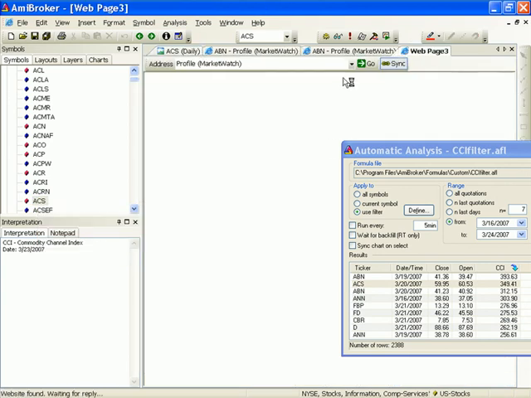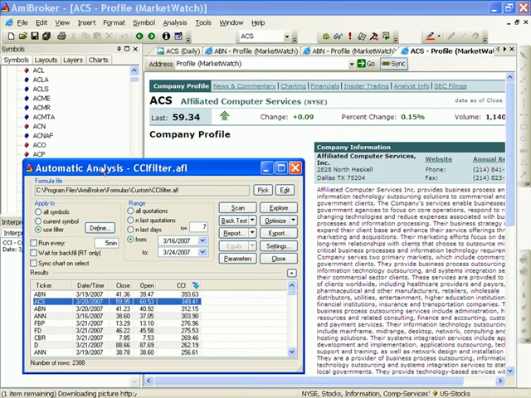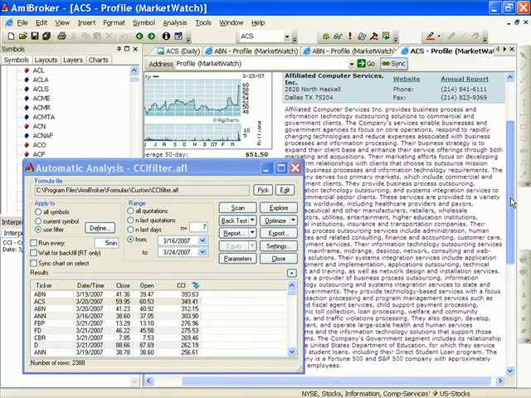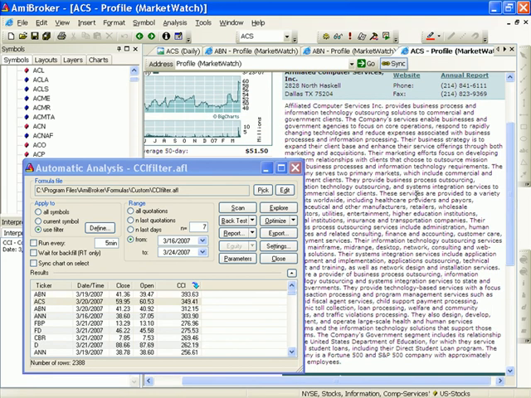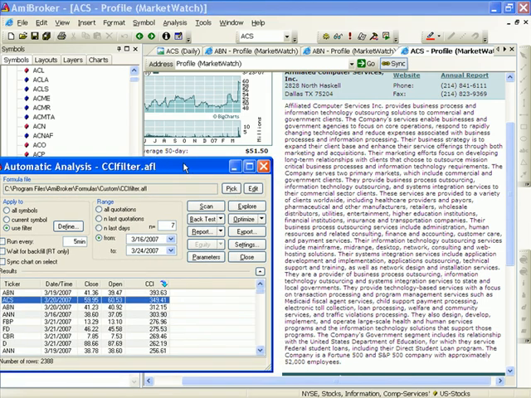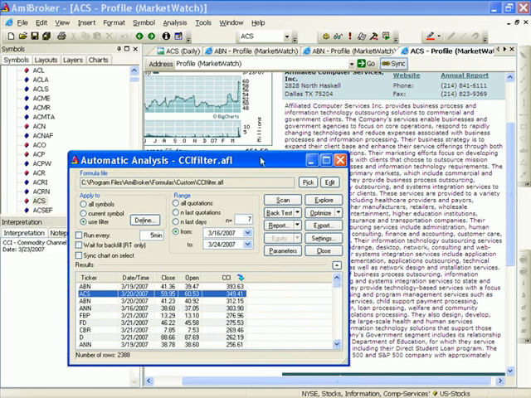Web Research. Affiliated Computer Services provides professional services, business services, enable businesses, blah blah blah. Approximately how many employees? 52,000 employees. Well, that's quite sizable.